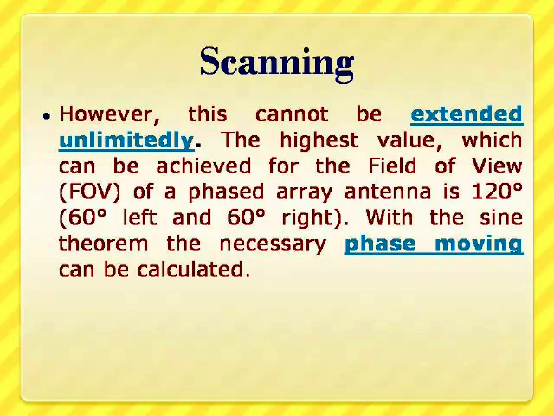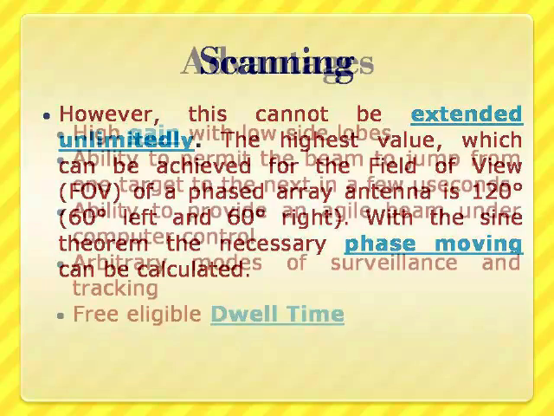Definitely there is a limit on the ability to steer the beam to different locations, or what we say is the field of view of a phased array is limited to plus 60 degrees from the normal to minus 60 degrees with reference to the normal to the array. That means there can be a 120 degree of coverage of field of view only with a phased array system. This is coming up due to a sine theorem in the analysis.